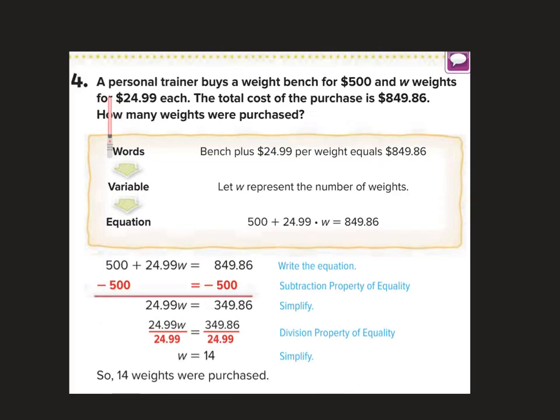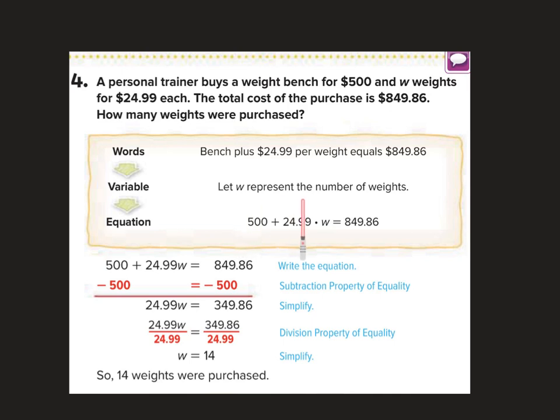Example 4. A personal trainer buys a weight bench for $500 and W weights for $24.99 each. We're saying W weights because we don't know how many. The total cost of the purchase is $849.86. How many weights were purchased? So in words, we could write the phrase, the bench plus $24.99 per weight equals $849.86.